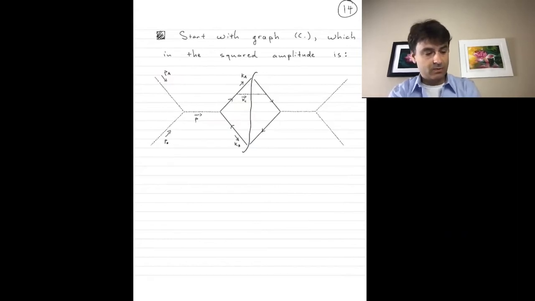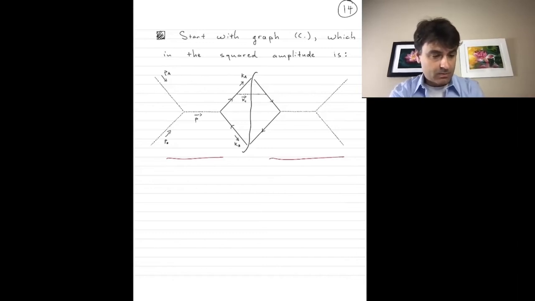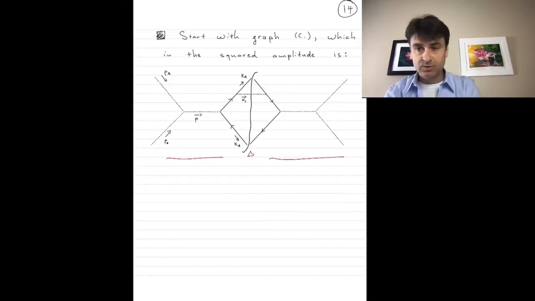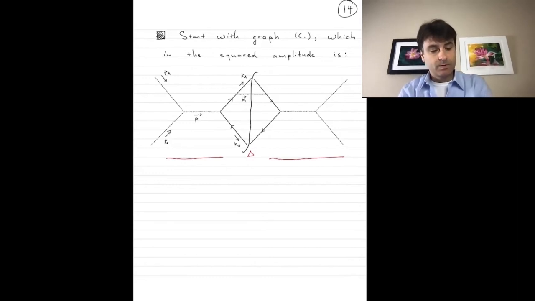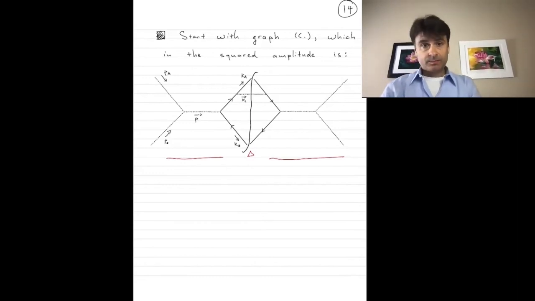I have the original diagram, its Hermitian conjugate, and I might put a delta on the final state to indicate that I'm going to restrict the range of integration to correspond to a jet for the outgoing particles. Okay, so this is the diagram we have to calculate. Remember, this S means it's summing over final states, so it's kind of like an integral sign. Okay, this is what we need to calculate now.